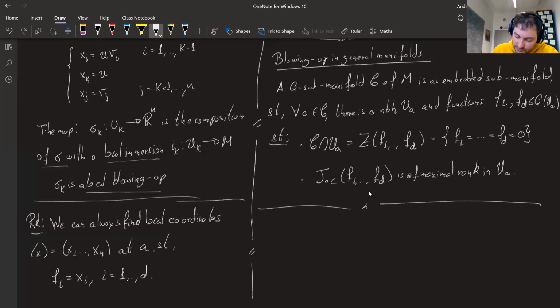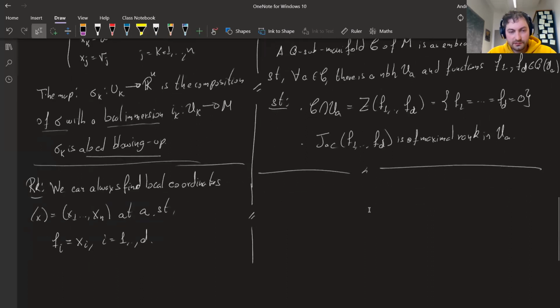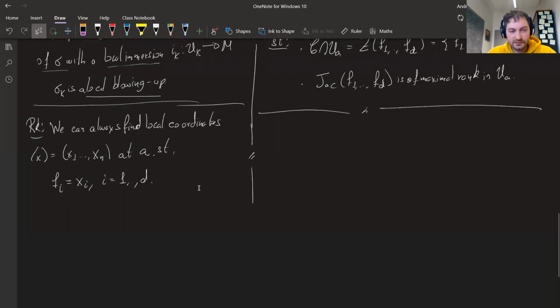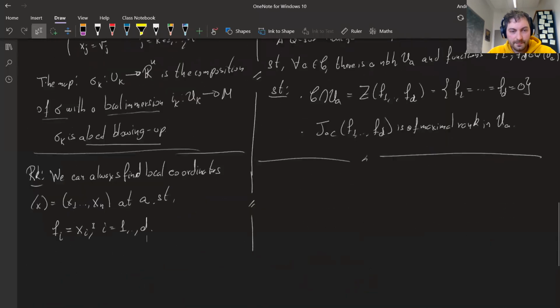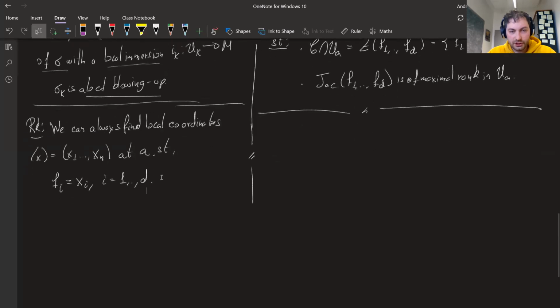So this center that we have here, we can always just look at it as in the first case, right? Of the blowing up in R^n locally, after a change of coordinates that is in the class.